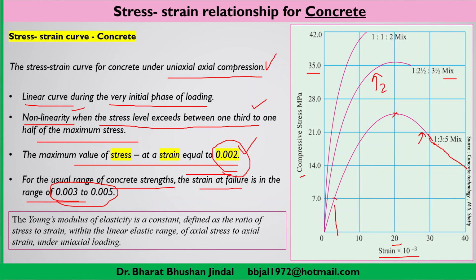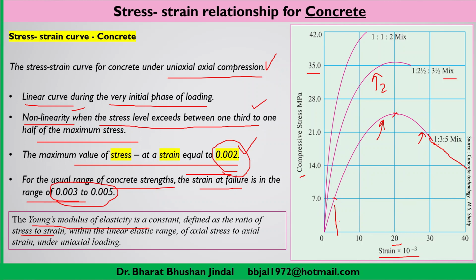Now, if we talk about the Young modulus of elasticity, which is a constant, it is defined as the ratio of stress to strain. So if in this particular type of concrete you want to find the Young modulus of elasticity, then what do you have to take?